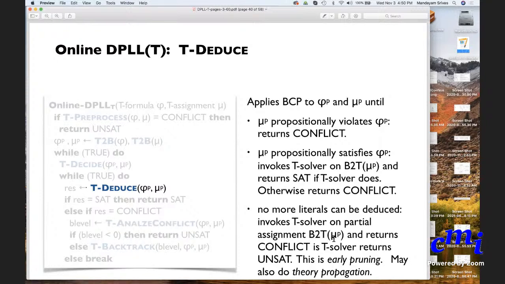Because the partial assignment will only have assignments to the propositional variables which were used in place of the atomic constraints. Then you can do B to T, and on that it invokes the solver.